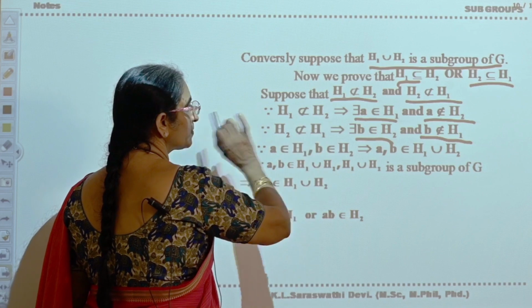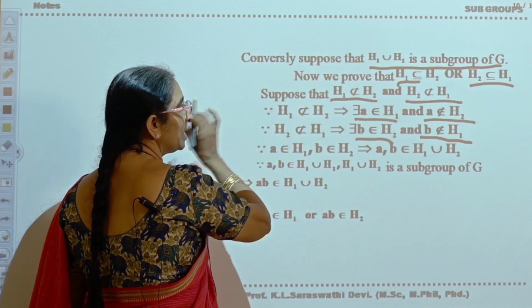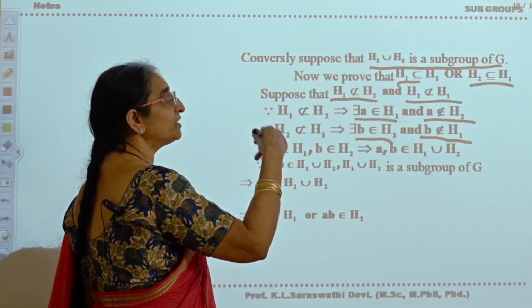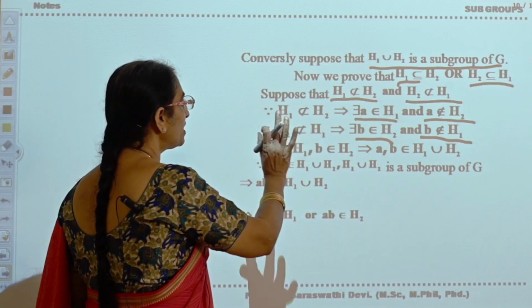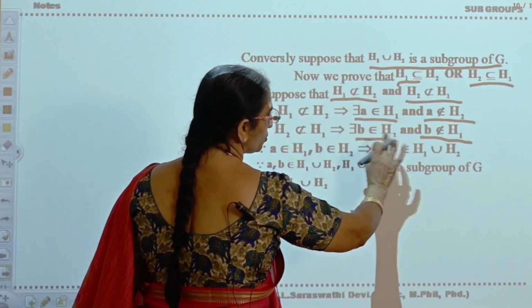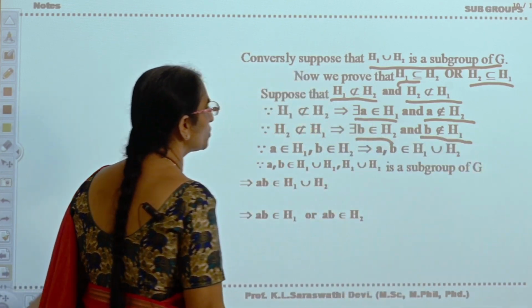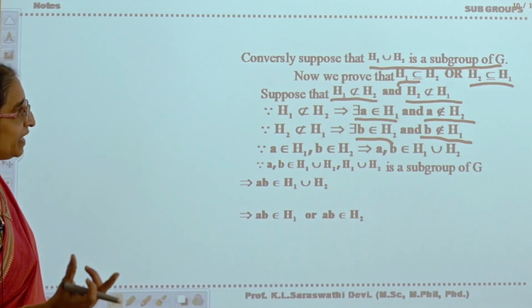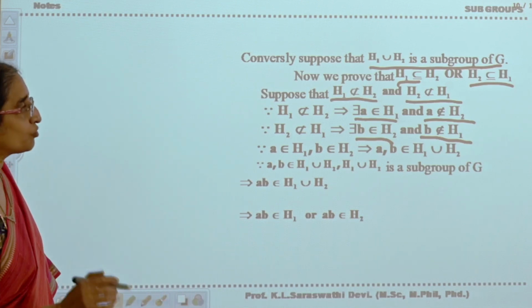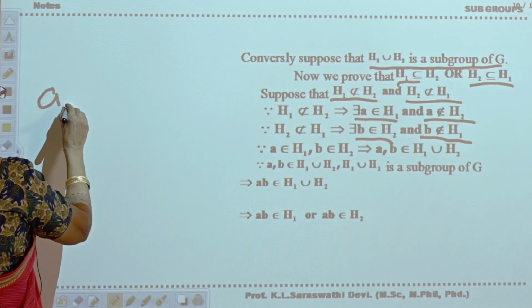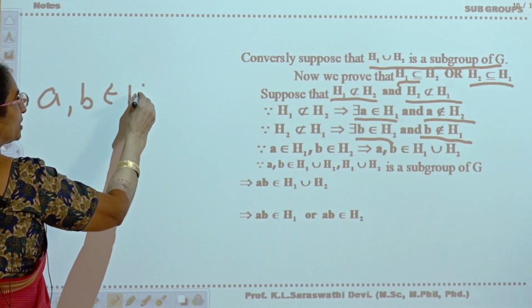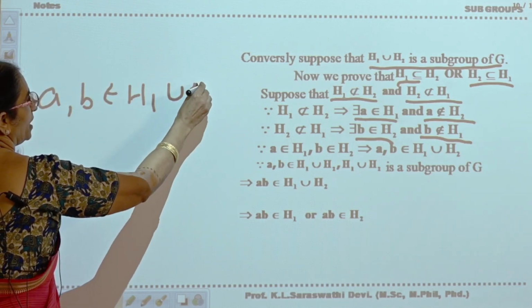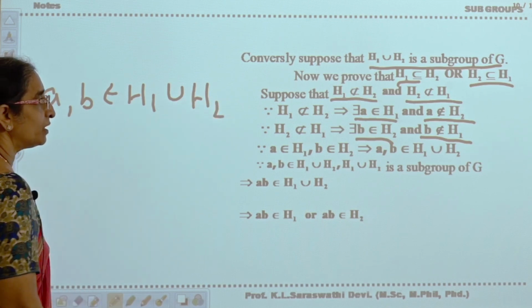H1 is not a proper subset of H2 means there exists one element belonging to H1 that does not belong to H2. Similarly, there exists one element belonging to H2 that does not belong to H1. Okay? But A belongs to H1, B belongs to H2. So, can I say that A comma B belongs to H1 union H2? Yes. A comma B belongs to H1 union H2.